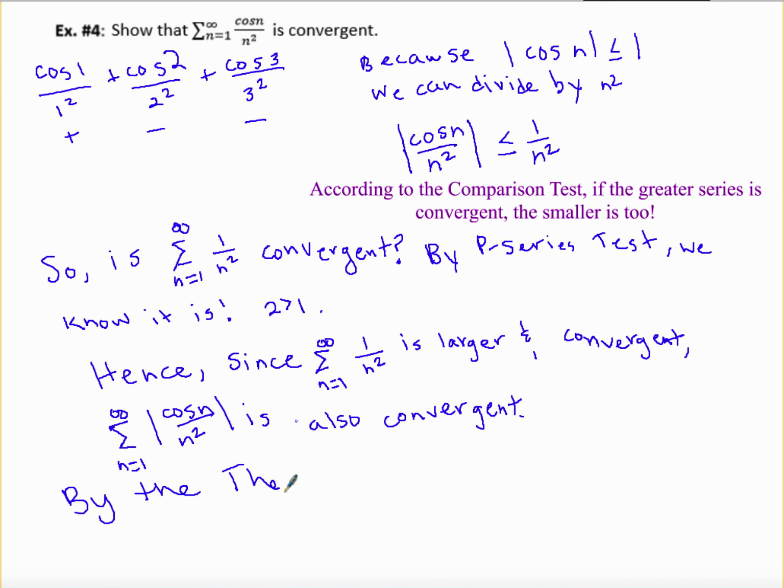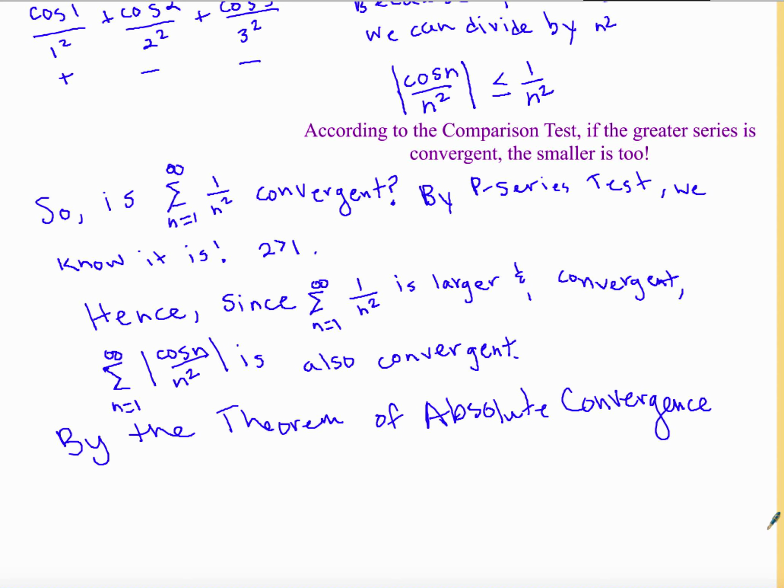By the theorem of absolute convergence, I'm going to have to lift this up. The sum from 1 to infinity of the cosine of n divided by n squared is also convergent. And there you have it.